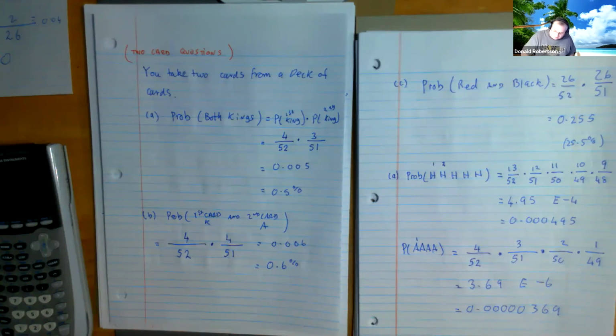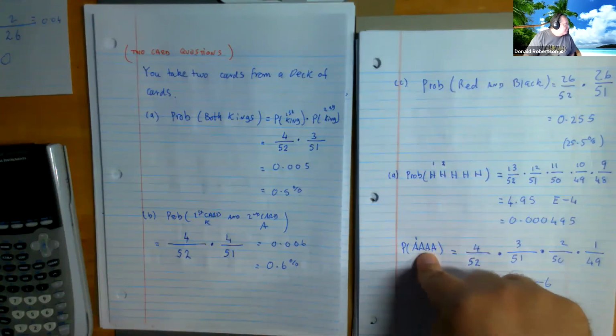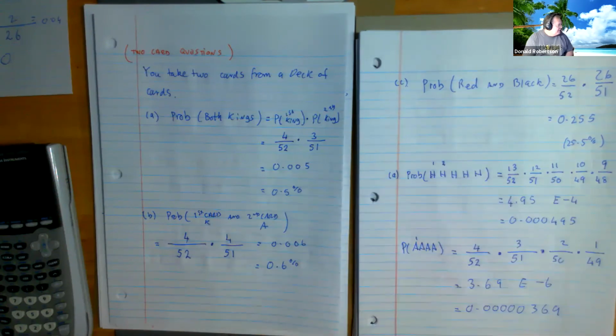Very, very roughly, this is 100 times harder to get than that. Now, getting 5 hearts, getting a flush, is remarkably rare. But getting 4 aces, right off the bat, dealt to you, 4 aces.